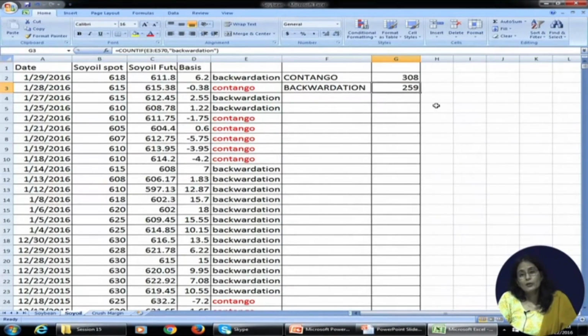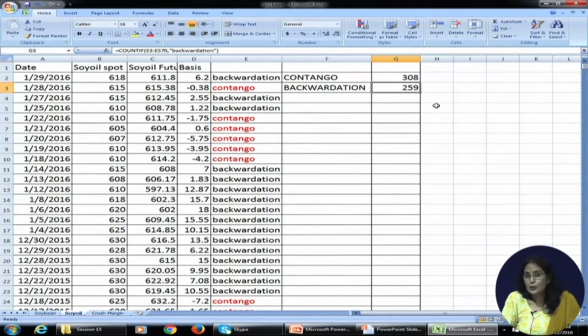If you recall, we just discussed the number of days of backwardation and contango with respect to soybean, and the number of days of backwardation was far higher, almost double. But the situation reverses when we consider the spot futures price relationship for soya oil.